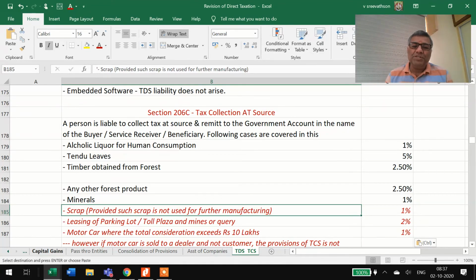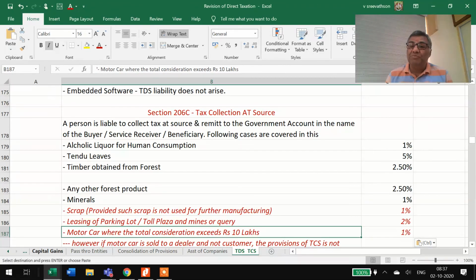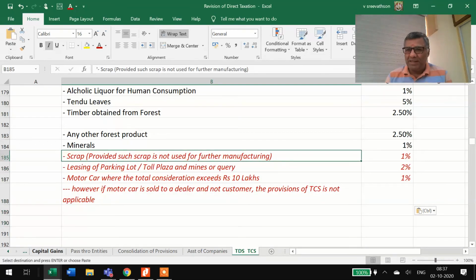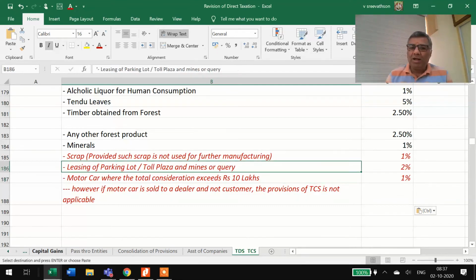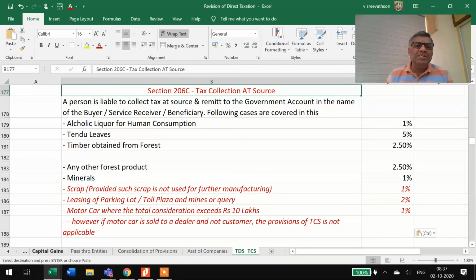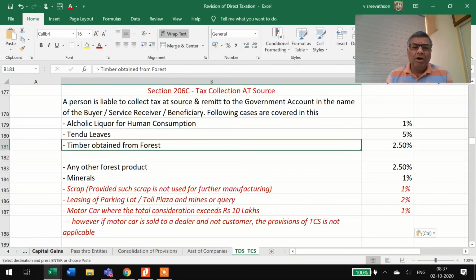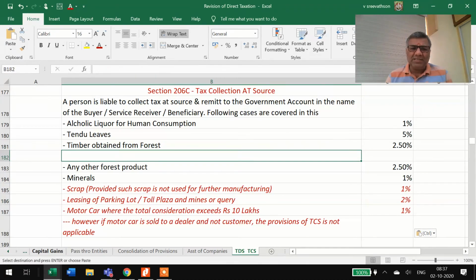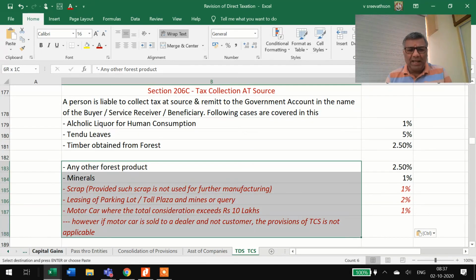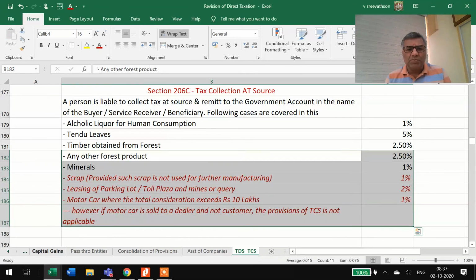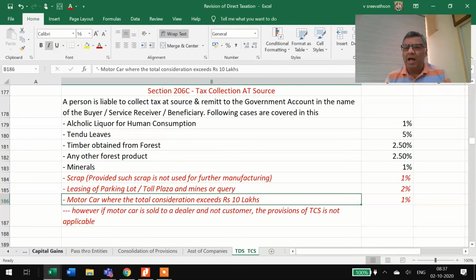Such scrap, if not used for further manufacturing, attracts 1%. If it is used for further manufacturing, then it will not be applicable. Motor car is one more questionable area. Once they asked about forest produce, timber obtained from forest, or tendu leaves or any other product. Now that you know the rates, generally the questions fall on motor car the majority of the time.